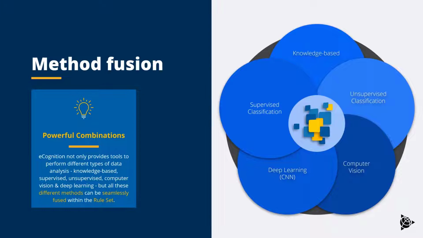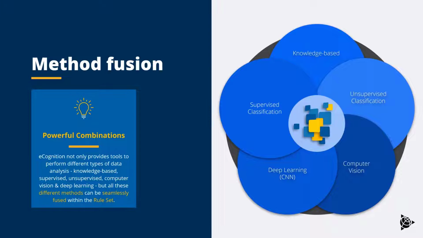But again, the most important aspect, at least from my perspective, is that you're not locked into any one of these classification schemes or methods within the software. You can combine them all or a few within one project workflow.